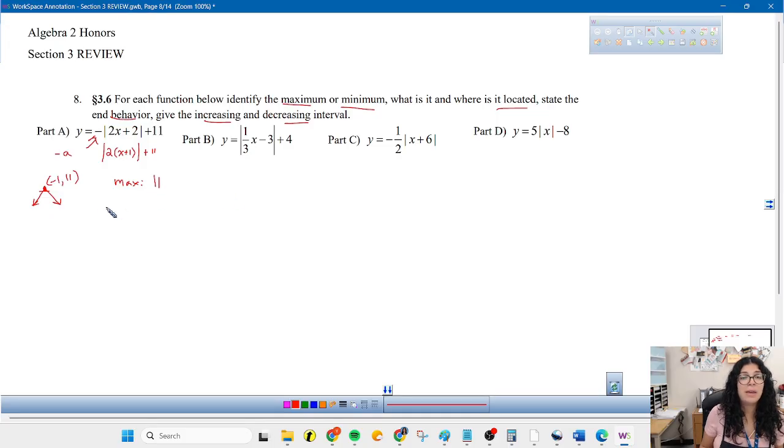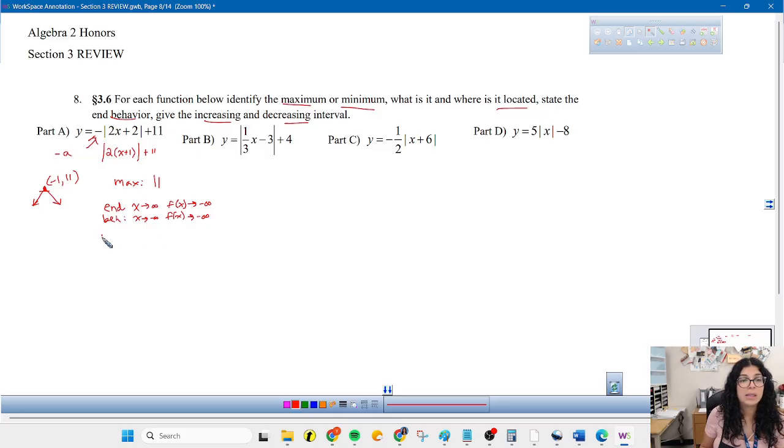Also, the end behavior, now that I know that it's facing down, the end behavior is going to be both ends down to -infinity. So as x approaches positive infinity, f of x is going to -infinity. And as x approaches -infinity, f of x is going to -infinity. Both ends, right and left side, are down.